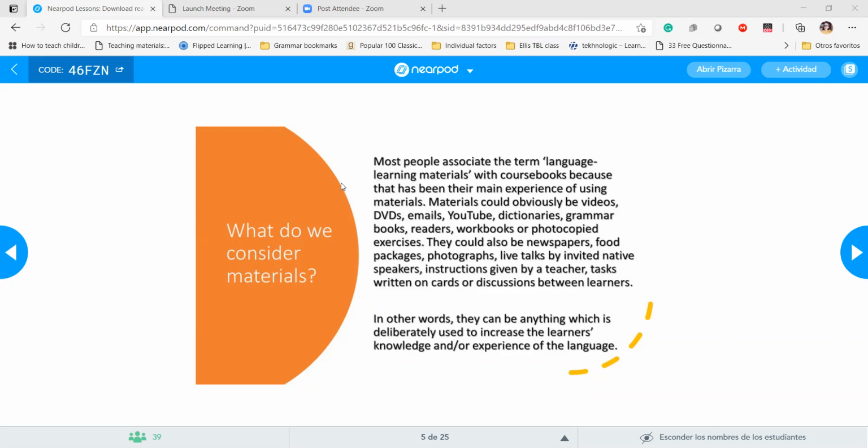What would be something unusual that you would take to a class and use? Open your mind and participate. Something that teachers don't usually take to the classroom, but that you think would be useful as a resource.